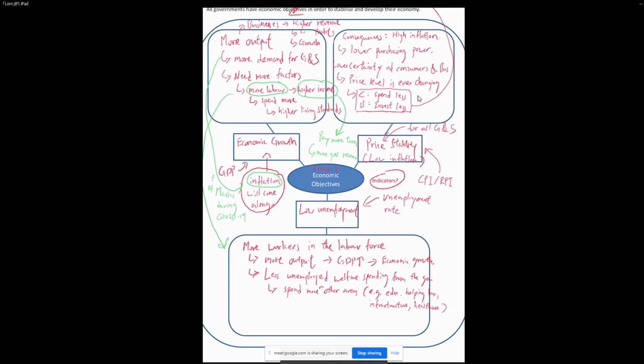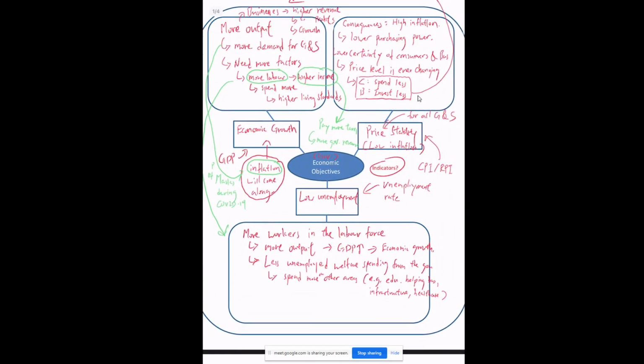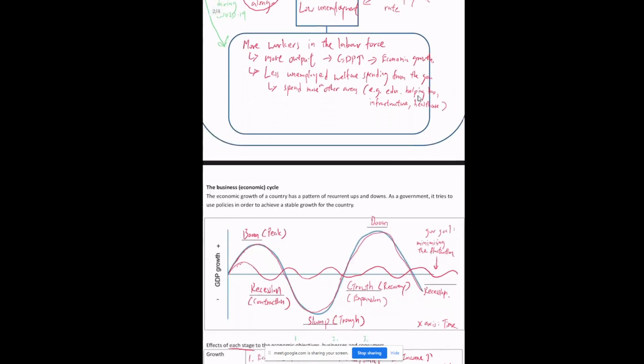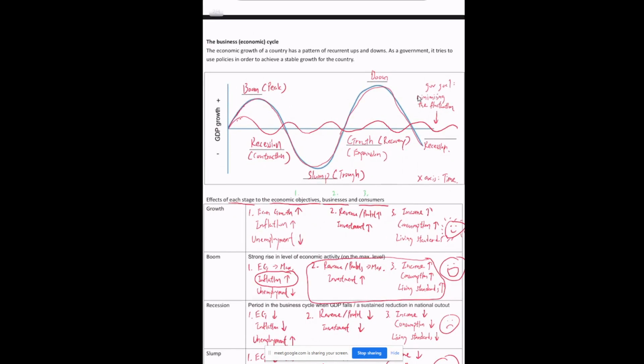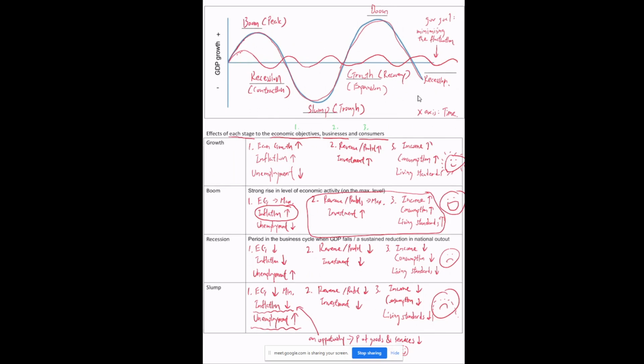Right? And at the same time, we can also apply the economic objectives into our business cycle. Right here, we have different stages for our business cycles, and there are always ups and downs for the economic cycle. And we know that at different stages, for the economic objectives, there will be different changes.